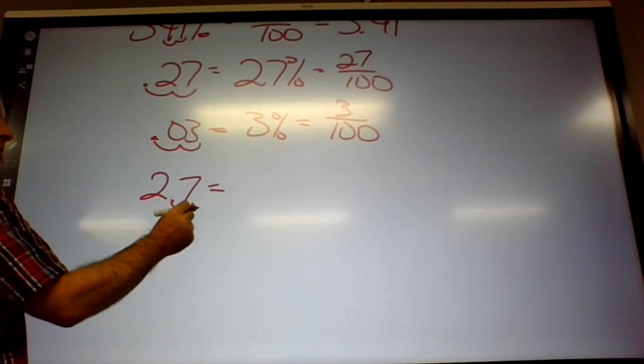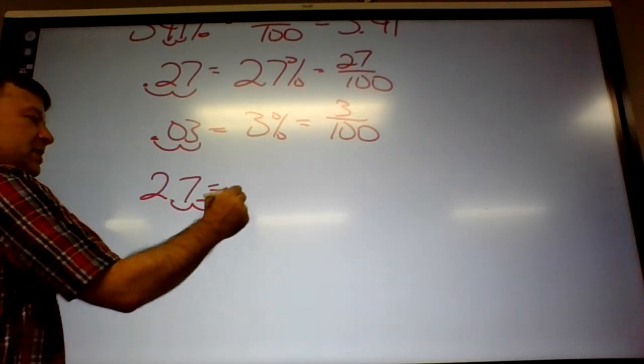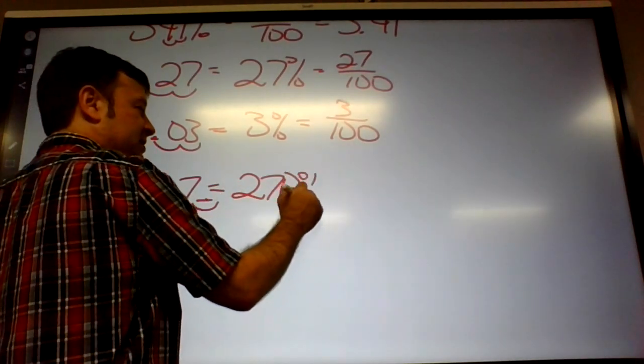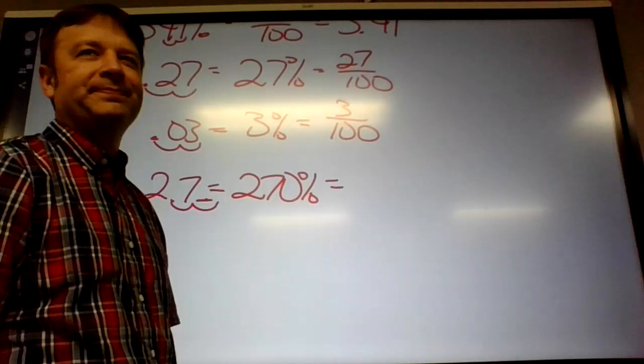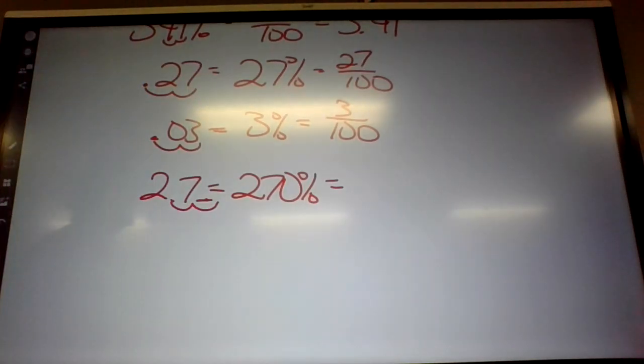And how about 2.7? Right, 1, 2, there's a blank spot, 270%. You guys know what 270% means? Let's say I have $50 and Triton has $100, then he has 200% of what I have.